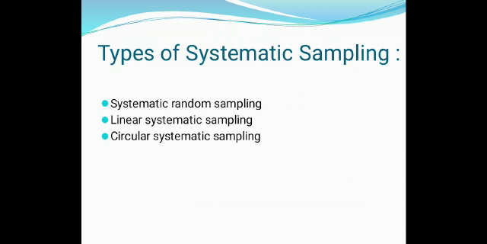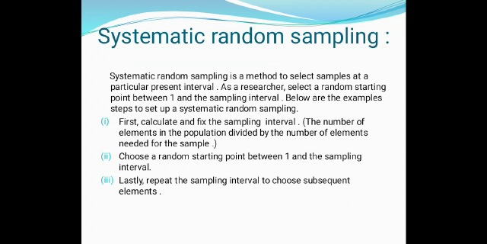Types of systematic sampling: first, systematic random sampling; second, linear systematic sampling; third, circular systematic sampling. Systematic random sampling is a method to select samples at a particular preset interval. The researcher selects a random starting point between 1 and the sampling interval.